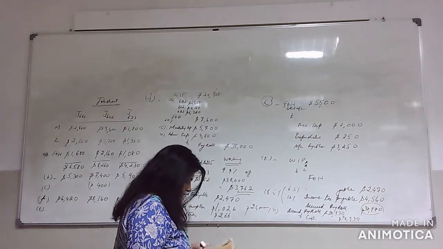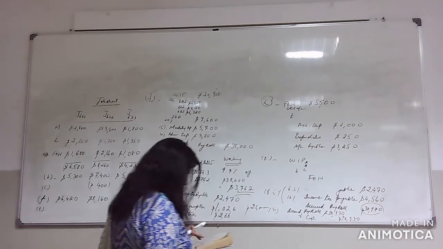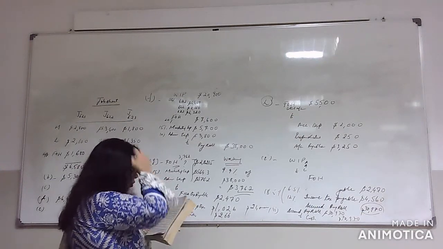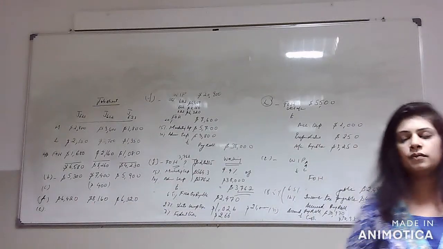Okay, if you see entry F, it says the direct labor was distributed 6420, 8160, 6320. So we are going to be taking the 80% of all these values, first of all.